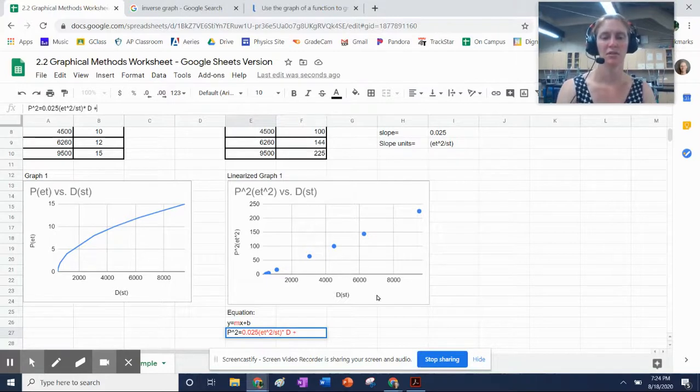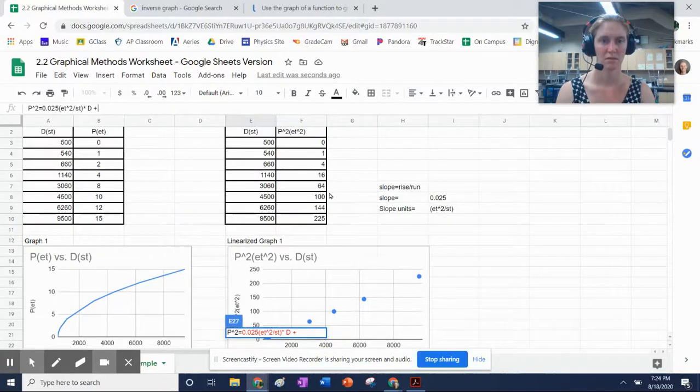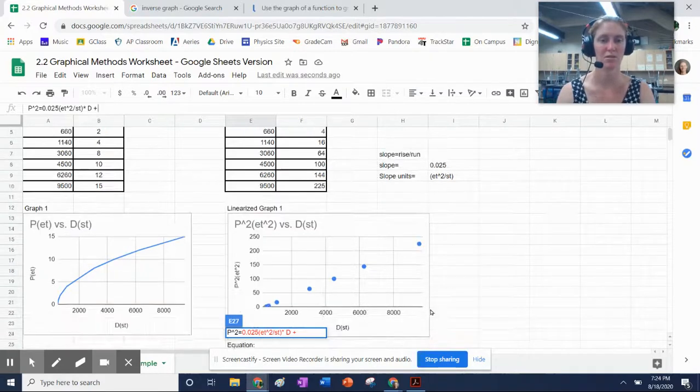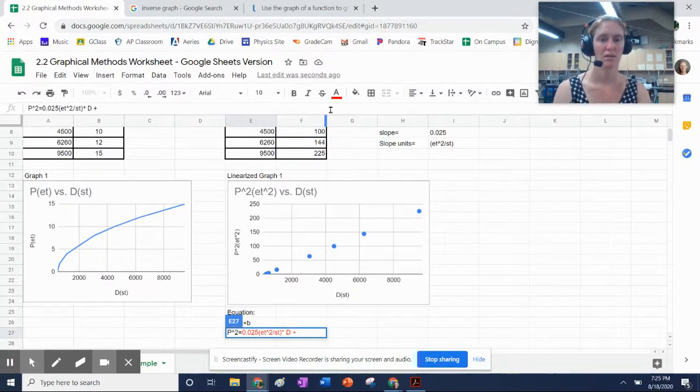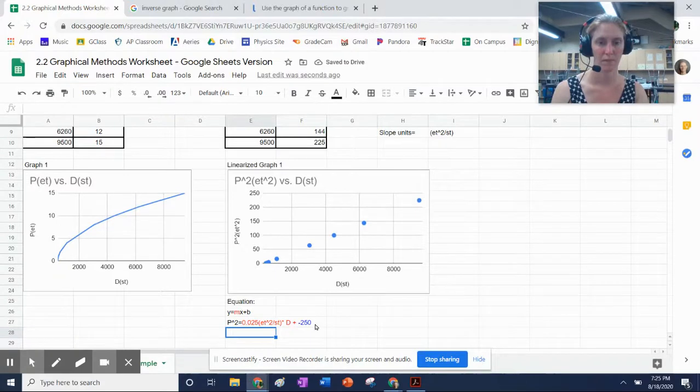And then I'm going to go plus, and then I would need to know what my y-intercept is. I don't know what it is, but I could figure it out. In all your examples, you're going to have a positive y-intercept or a y-intercept of 0. So just for the moment, for the sake of time, I'm going to make something up. We're going to say that it's minus 250. I could figure out what it actually is. All right, so now I have my equation.